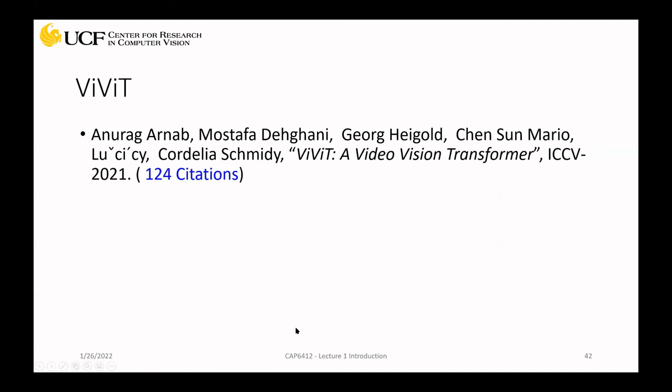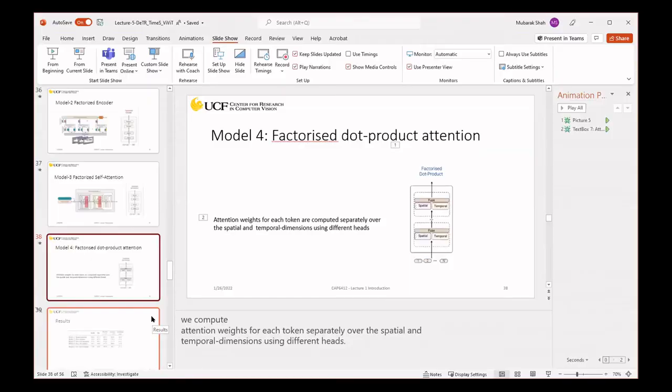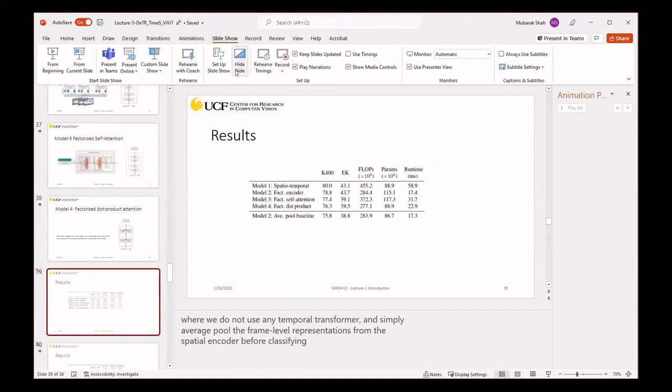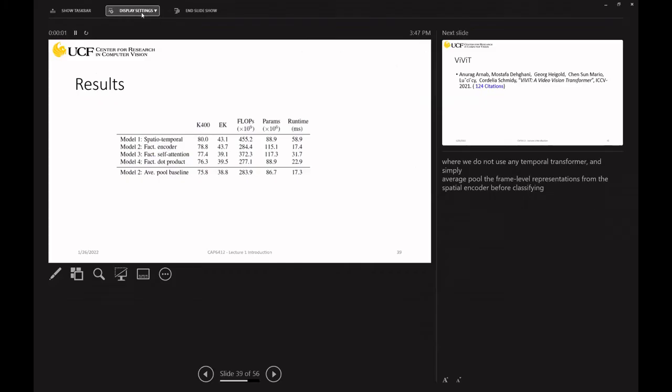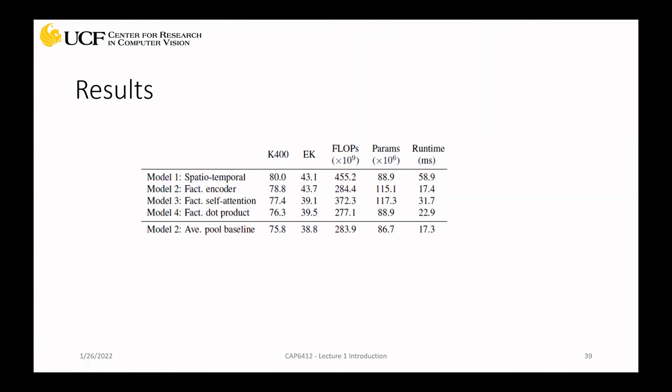So they look at all this, and I thought there were some performance results there. Okay, yeah, sorry, I hid this one. Okay, you guys can see it again. So these are the results. So the Kinetics 400, Epic Kitchens, and the runtime, parameters and so on.